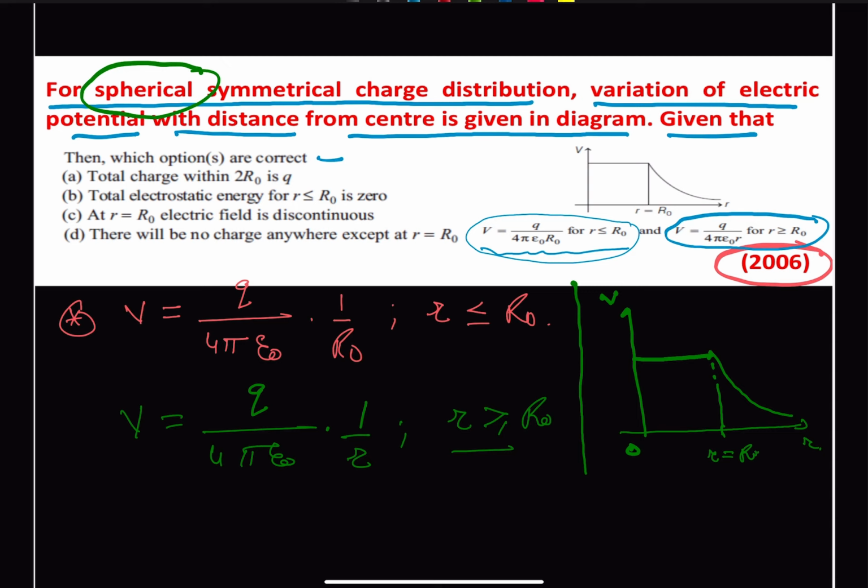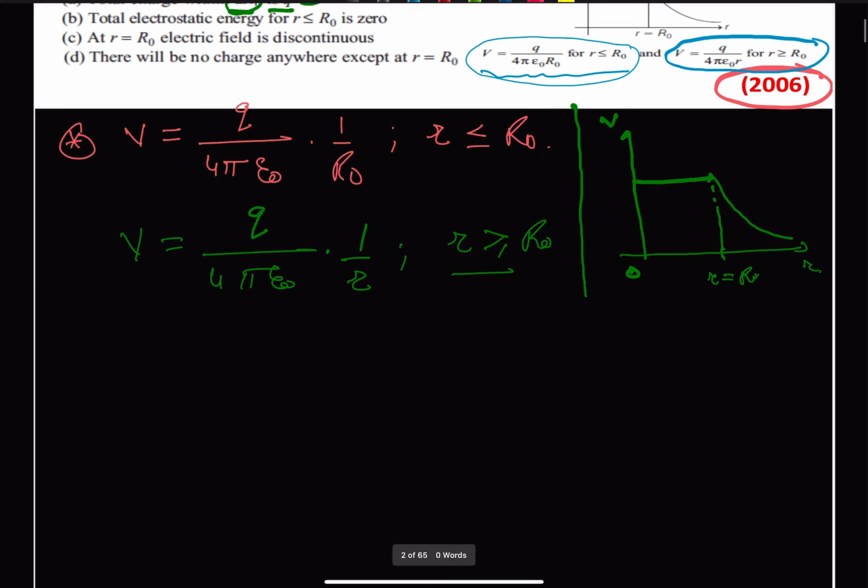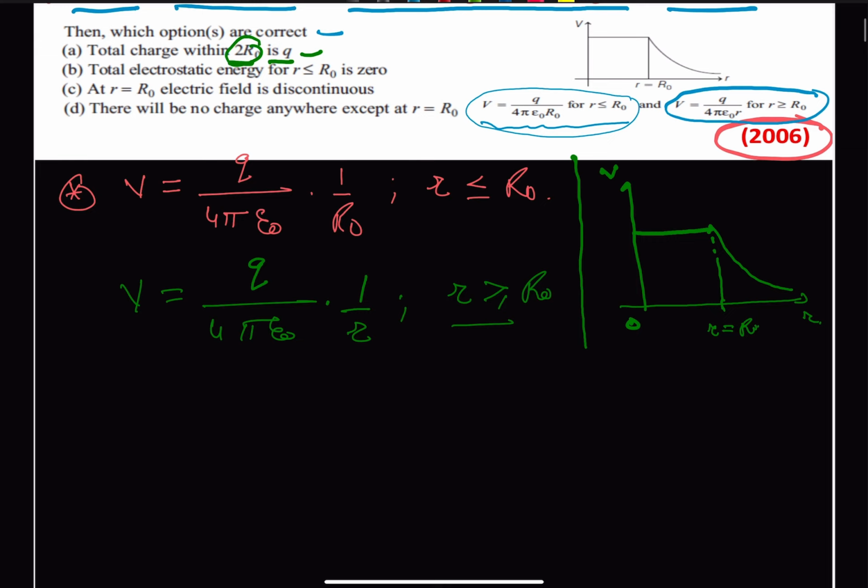And option A states that total charge within twice R naught is Q. Twice R naught basically means that our equation number, let me name this equation 1 and equation 2, so for twice R naught, our equation number 2 will be valid.